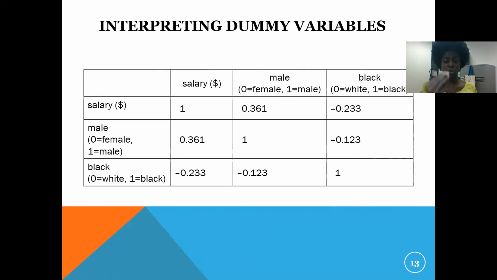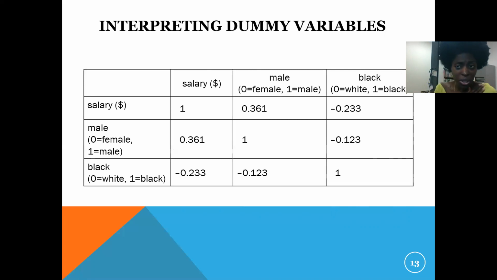In order for the computer, Excel, calculators to understand anything, we need numbers. So the variable gender, we recode it to be 0 equals female, 1 equals male. We could have recoded it to be the variable female, where 1 equals female, 0 equals male. So that's not a big deal.